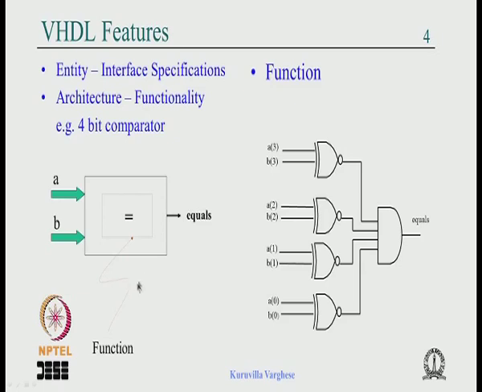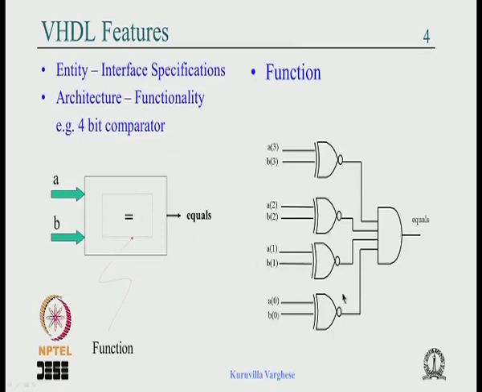So you describe the functionality of this block, the equality comparator, in terms of the input and output. You say how the output is assigned from the input. That is the basic crux of VHDL: entity and architecture. Entity means the name, input, output, and the basic data types, and the architecture means the function in terms of the input and output.